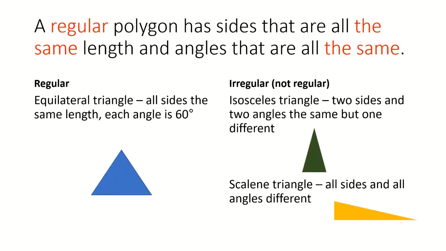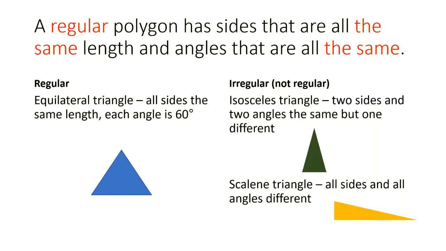So now we're going to talk about regular and irregular polygons. All of these two-dimensional shapes with straight sides are all polygons, but some of them are regular and some of them are not regular, or irregular. Here we'll take the example of triangles. A regular triangle is called an equilateral triangle. It has all sides the same length and each angle is 60 degrees.